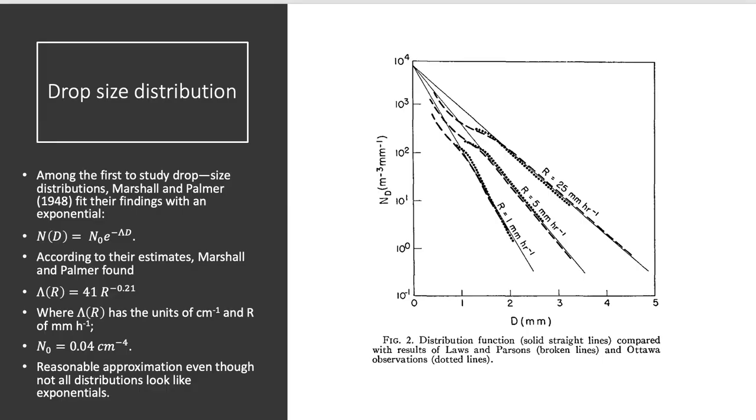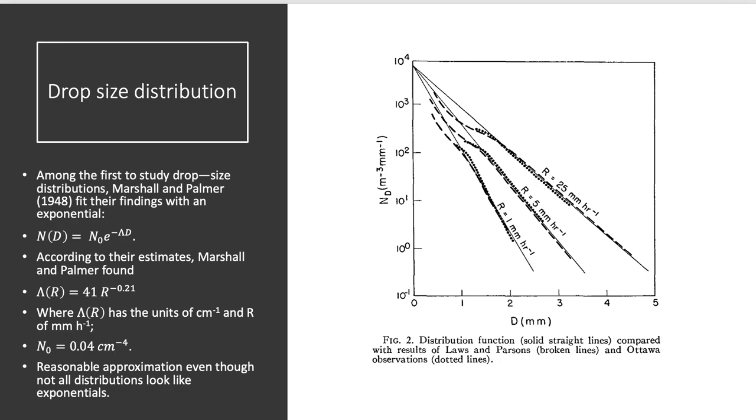Now, in this context, one of the first pieces of work that were produced in the early years were due to two scientists called Marshall and Palmer, and essentially they found that the drop size distribution, as a function of diameter, essentially behaved as an exponential. This is the form here.